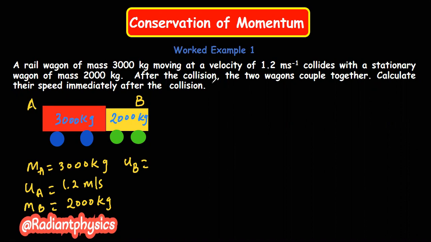Why is it 0? Because it is stationary before the collision. This rail wagon collides with a stationary wagon here, so the initial velocity is 0 meters per second. And then they couple together, which means they stick together and travel with the same final velocity. So we are simply looking for this final velocity, which is what we don't have.